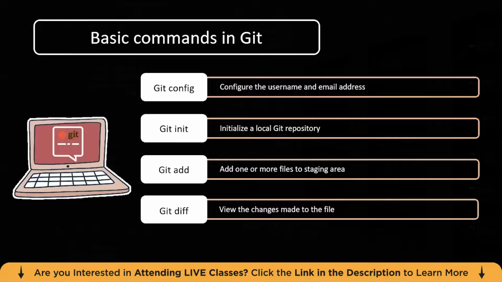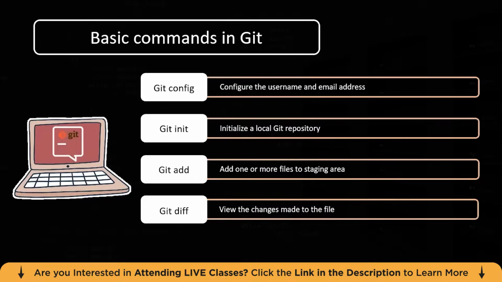So if you have done some changes to a specific content in a file, and you want to see the difference between your particular head revision and whatever modifications you have done right now, in that situation you can run the git diff command. It will let you know what different kinds of changes and modifications you have done.